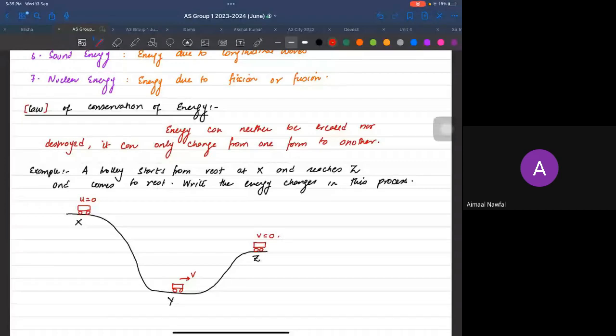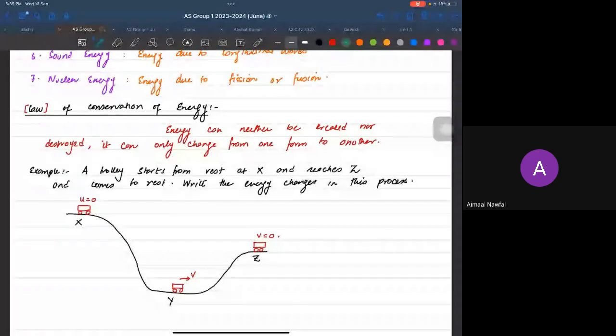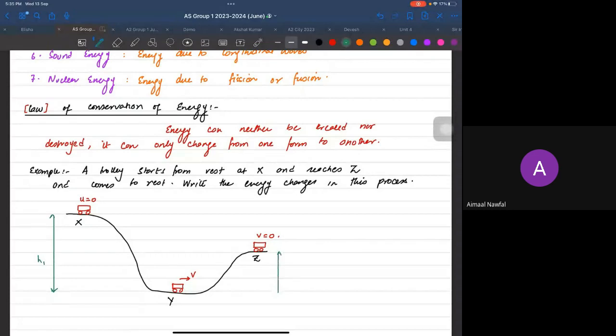Now remember that this height, which let's call h1, is bigger than this height, which is h2.